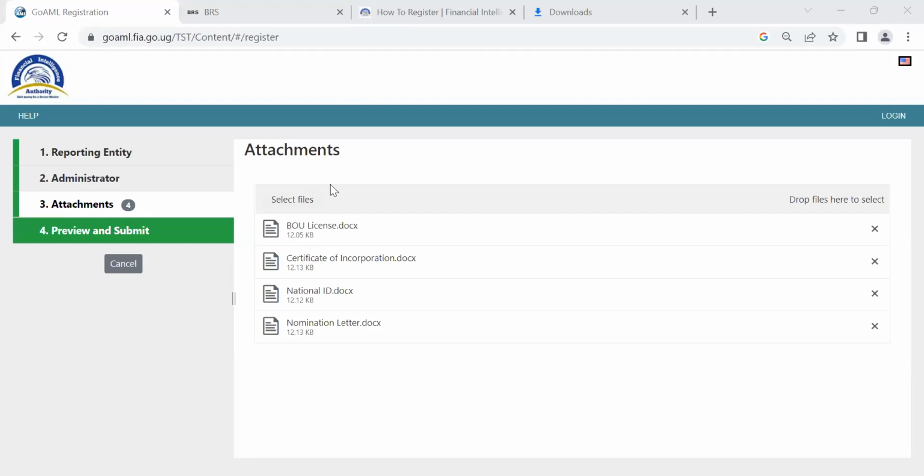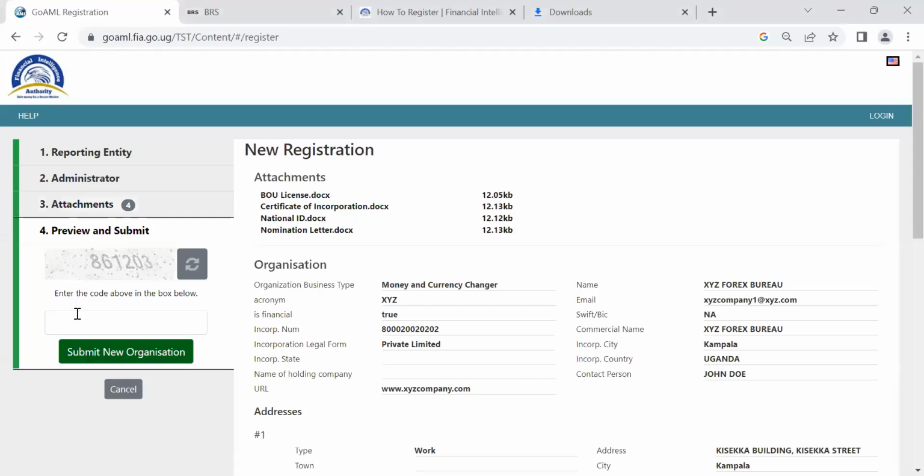Yes, Ivan, please. When I attach files, it is showing select files, but nothing is there. No, click select files and search for the files on your desktop. You must have the files on your computer.